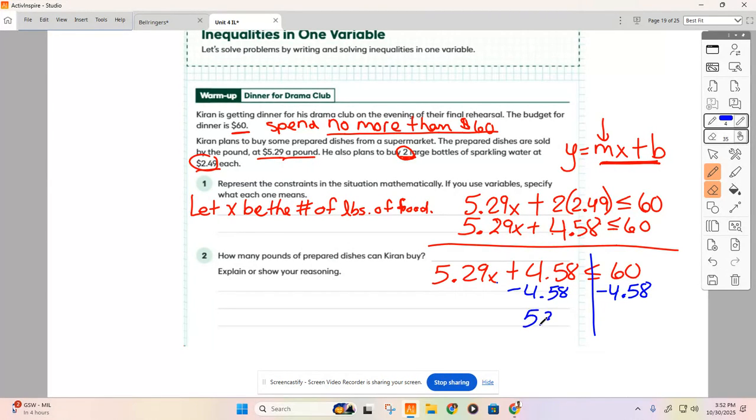I'm left with 5.29 times x still needs to be less than or equal to $55.42. I'm still solving for x. What is happening to x is it's being multiplied by 5.29. I want to do the opposite and divide by 5.29.